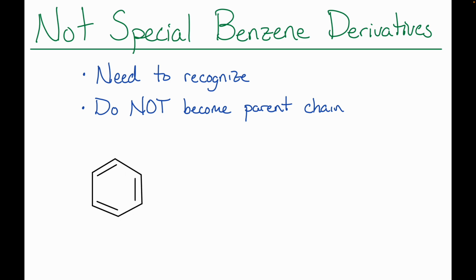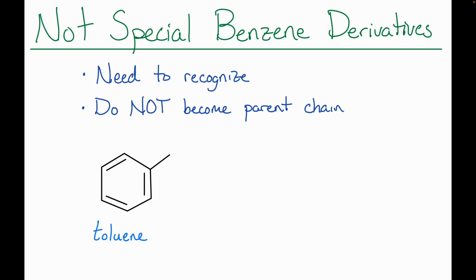Okay, so if we put a methyl group on that benzene ring, nobody calls it methylbenzene. It's got its own special name. This is toluene. Now if we had another group on there, it wouldn't be our parent chain toluene.